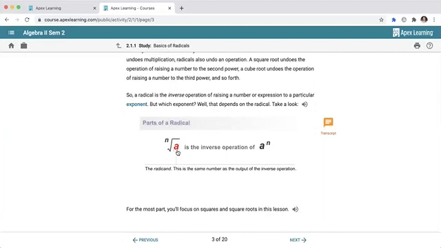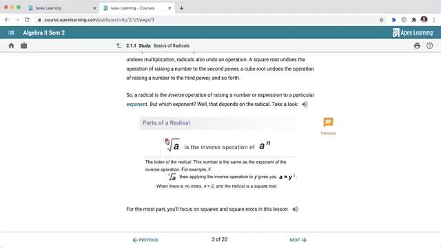And then again, this is our nth root. It could also be called the index of the radical. Maybe you've heard it called the index. But it's going to be the same exponent. So for example, if you look at that bottom one, where it says 3 root a, that's saying the third root of a.